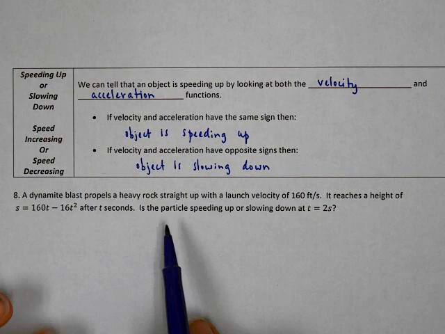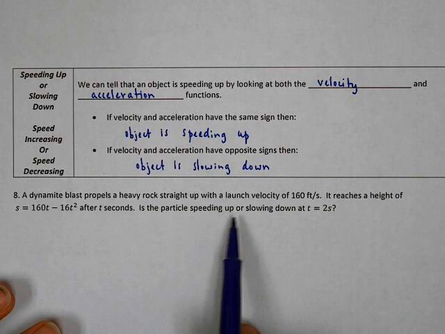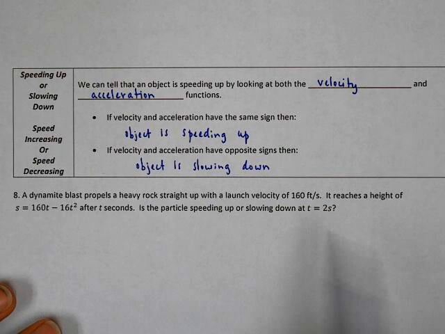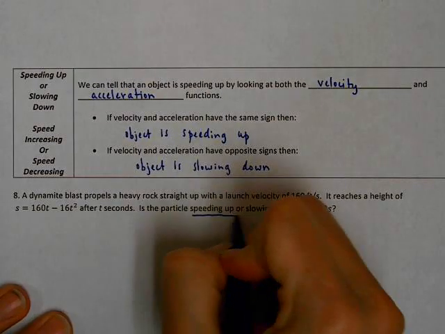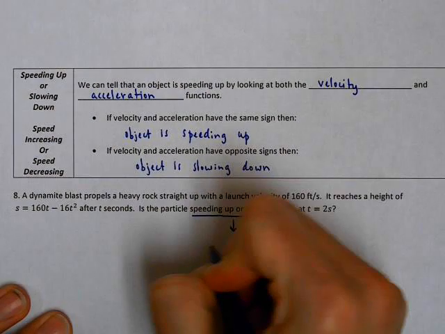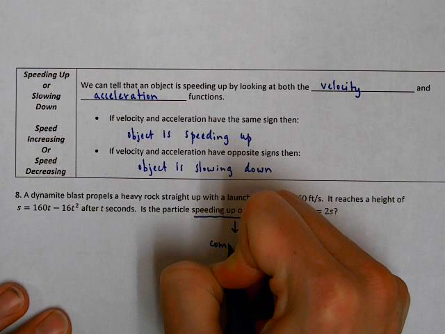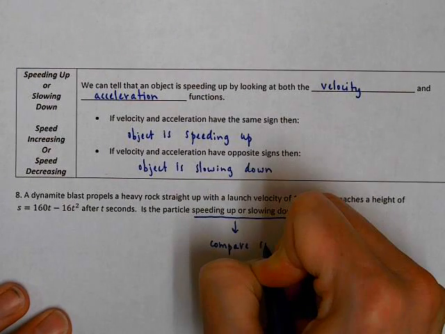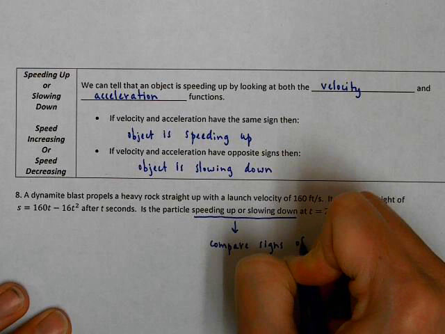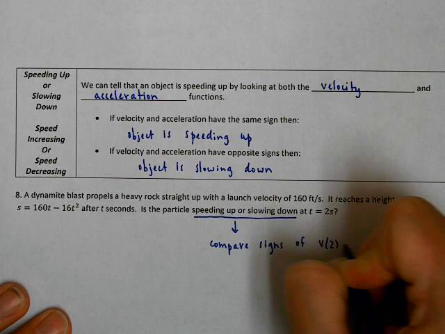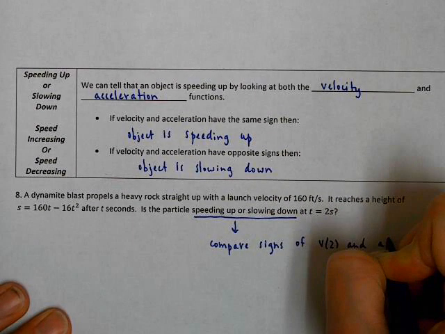So in our example, our question is asking, is the particle speeding up or slowing down at time t equals 2 seconds? So I know I need to compare the signs of v of 2 and a of 2.